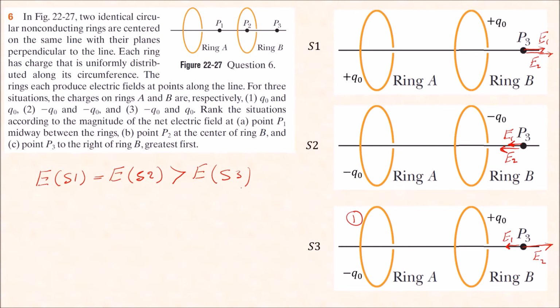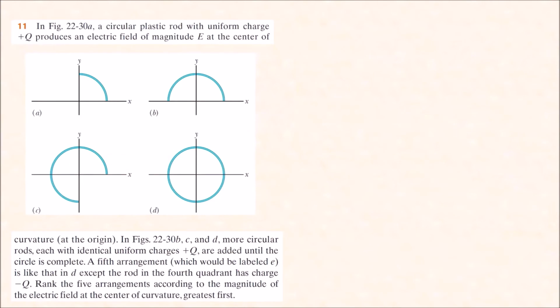All right, so let's move on. Here it says a circular plastic rod in figure A with uniform charge plus Q produces an electric field of magnitude E at the center of curvature, at the origin of this coordinate system. In figures B, C and D, more circular rods, each with identical uniform charge plus Q, are added until the circle is complete.